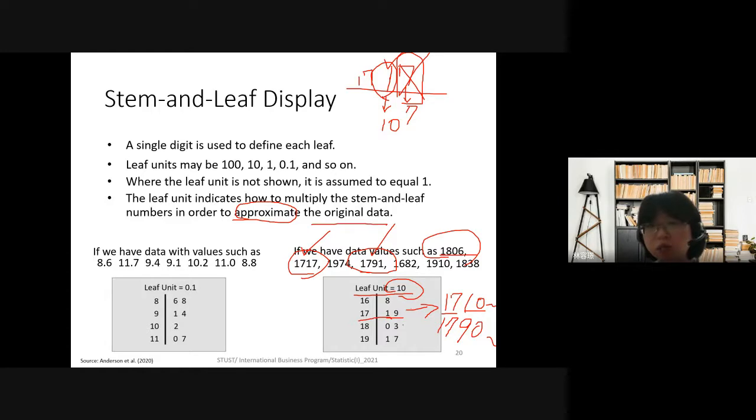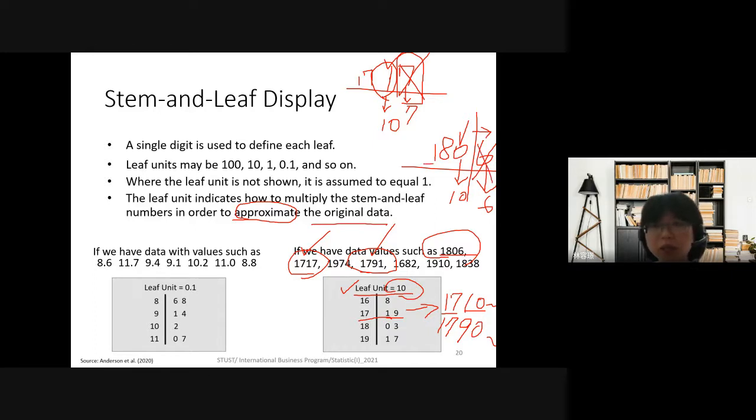For example, today I would like to express how to show 1806 in the stem and leaf display with the leaf unit 10. You will find 1806, in such a condition, you know this is 6, and the unit is 10, right? So what you need to calculate is from here. Less than this one, you will neglect.